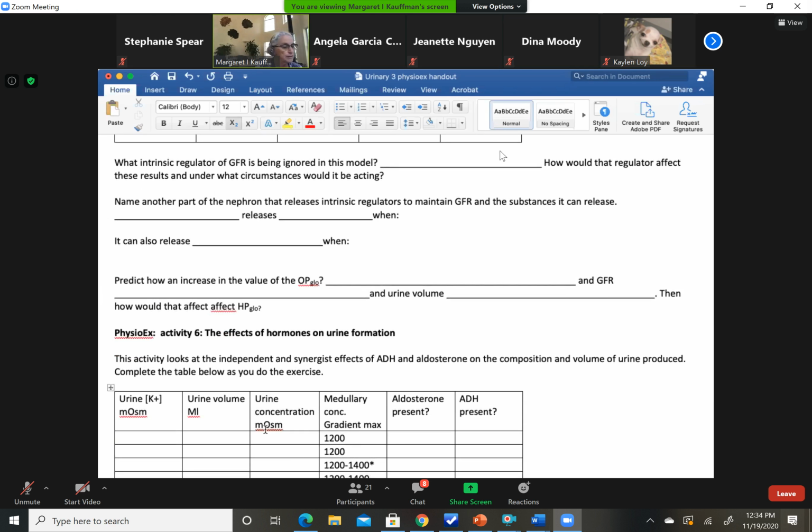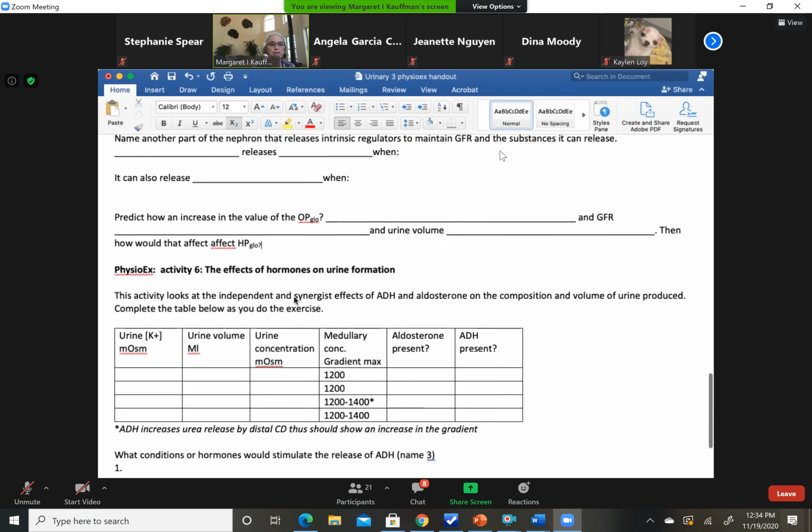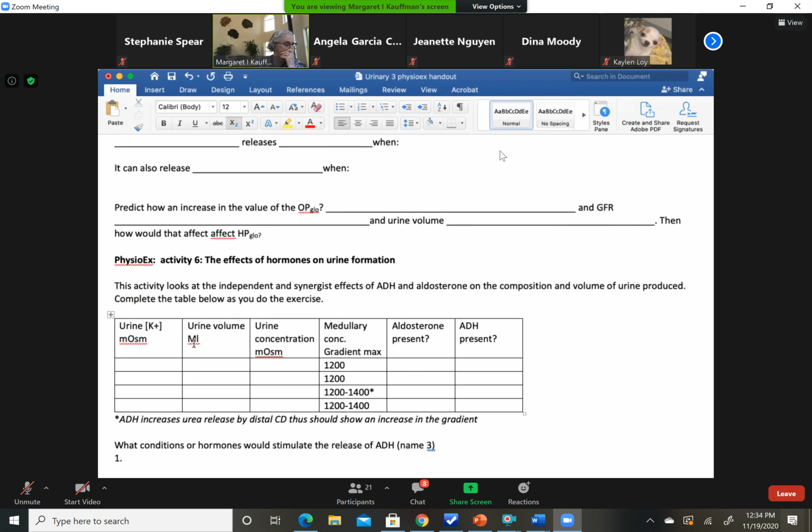Okay, so effects of hormones. And again, some of this is not really redundant, but it's still the hormones that we talked about earlier. So they're talking about urine potassium levels, and don't worry about any particular numbers on here relative to what we say the blood ones are, and urine volume, and then urine concentration.